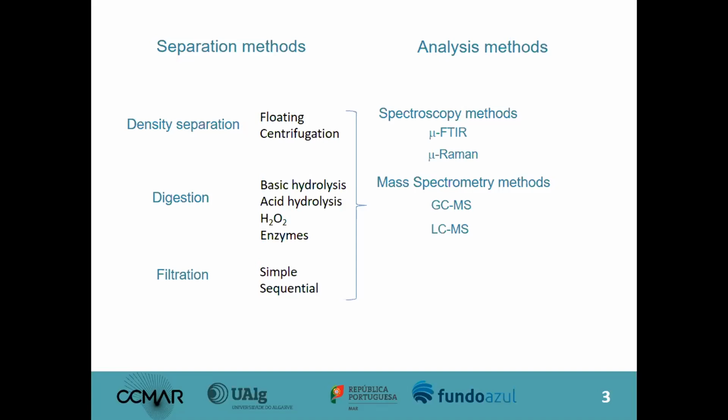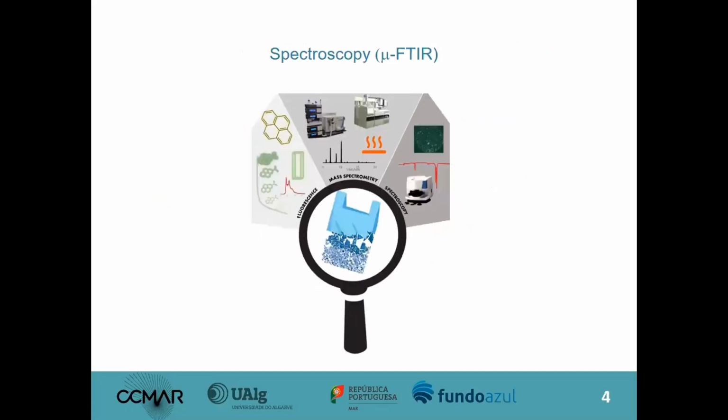We have to be aware that to use GCMS and LCMS, we have to break our microplastics into smaller pieces, that is molecules, so that we can use techniques that analyze molecules. There is also fluorescence, but fluorescence needs an external compound, a probe, to detect the microplastics.